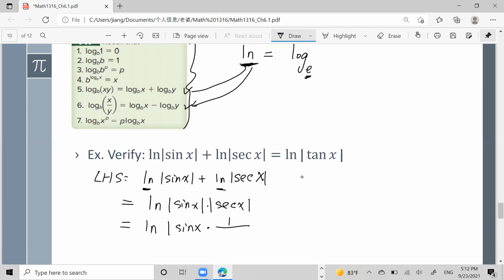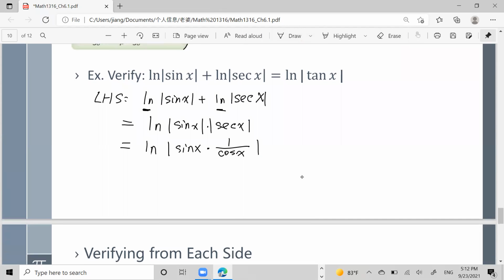That's 1 over cosine x. We're getting closer to the result. So this one equals ln sine x over cosine x. That's tangent. Ln absolute value tangent x.